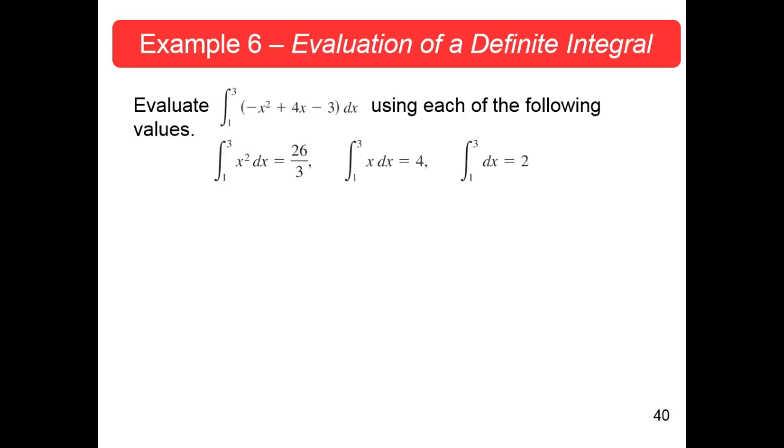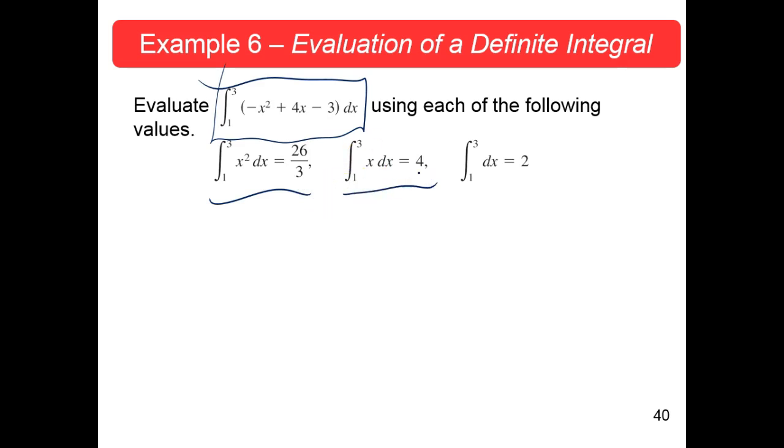All right, so here's example 6. Oh, they're giving us part. Okay. They say evaluate this integral here using each of the following values. They're just going to tell you off the top that the integral from 1 to 3 of x squared is going to be 26 thirds.